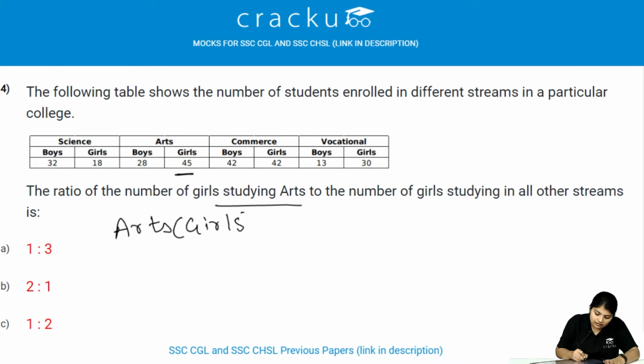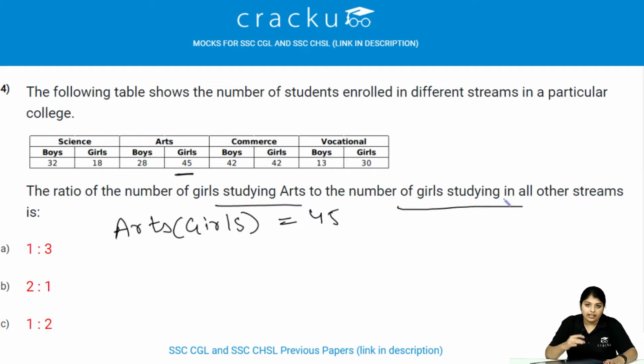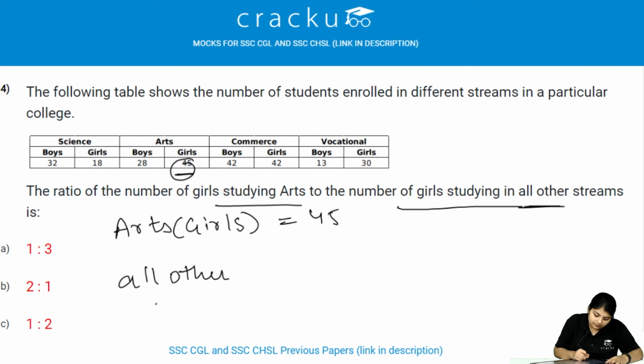By girls is 45, and he is asking the ratio of girls studying arts to number of girls studying in all other streams. See, you have to remember the keyword here, all other streams, not the total number of girls. So you no need to add 45. It will be, see, all other streams.